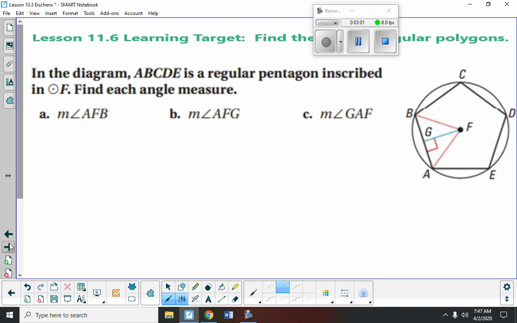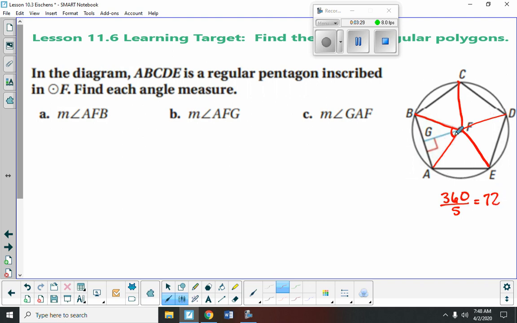All right, so let's go back to this problem. We have a pentagon. In a pentagon, if we were to draw all of the triangles, there would be 1, 2, 3, 4, 5: 5 sides, 5 triangles. So to find the measure of one of the angles, we would take 360 divided by 5, which is 72.